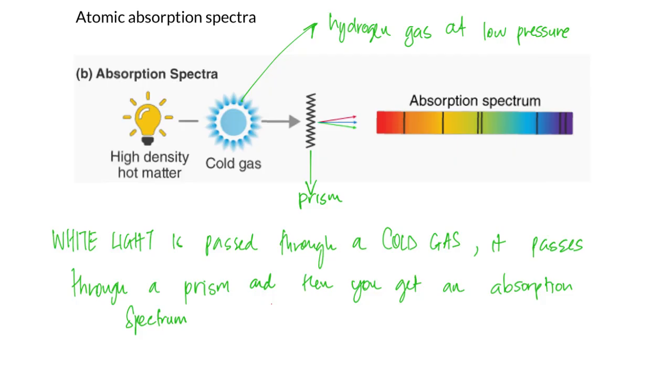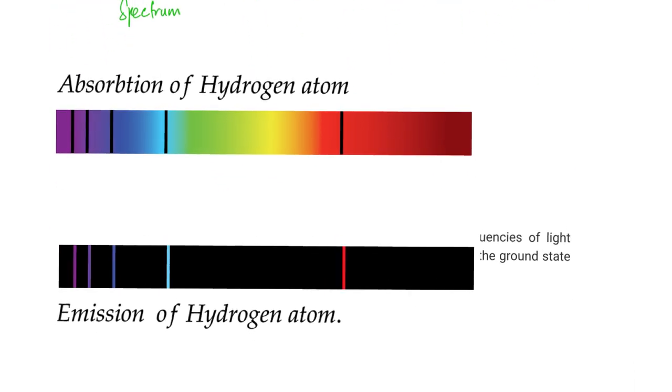What you'll notice is when I have absorption, let's think of hydrogen. So this is what we would get from hydrogen. Notice that where the absorption takes place is exactly at the same wavelength where the emission takes place. Except when the absorption takes place, all wavelengths of visible light are present in the spectrum, except for 4 distinct wavelengths.